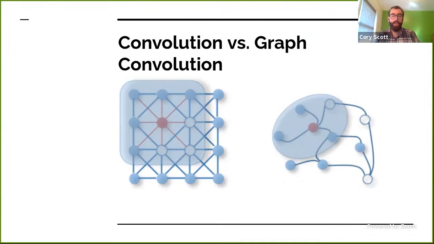Really quick, for anyone who hasn't seen it, because this is a machine learning talk, I'm not going to spend too much time on the details here. A lot of people are familiar with regular image or video convolution, where you have a regular grid and you slide trained filters over that grid to classify whether something's a cat or a dog, or identify a pedestrian in a scene. That's generally just called convolution, or convolutional neural networks.